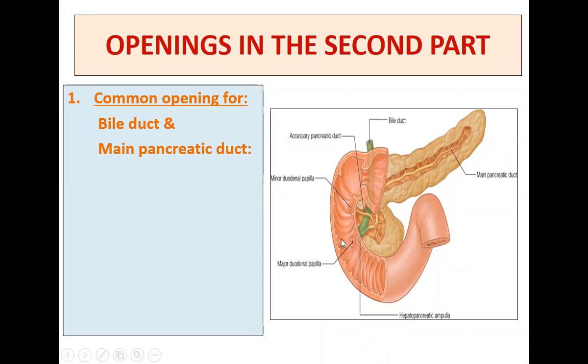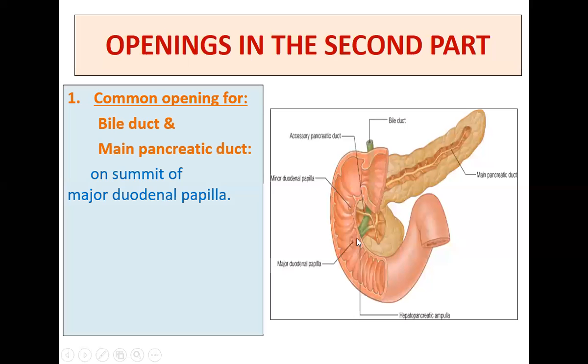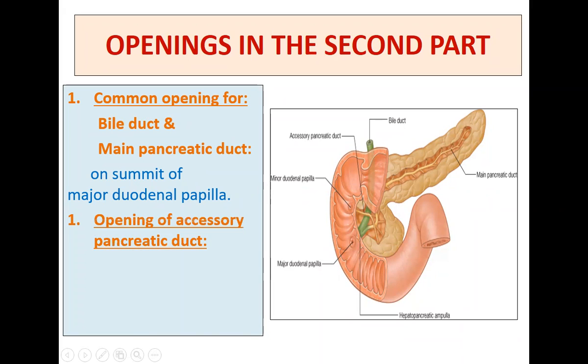But they both join before opening. They are not opening separately, but they both join and they form a papilla called the major duodenal papilla. This is the major duodenal papilla, where both the bile duct and the pancreatic duct open as a common opening.